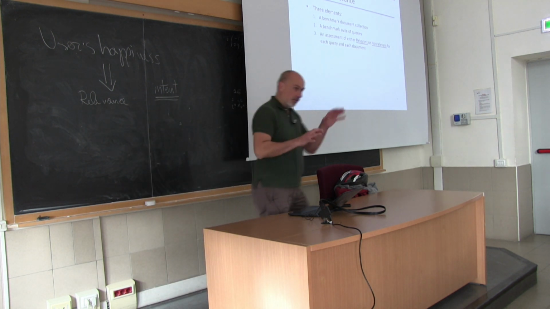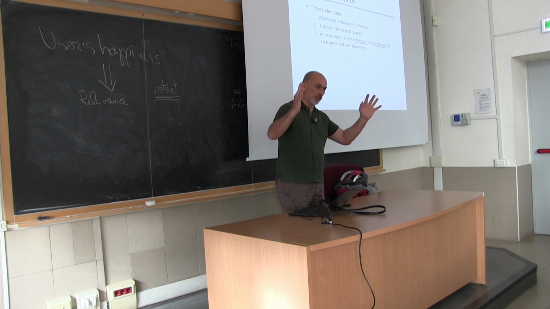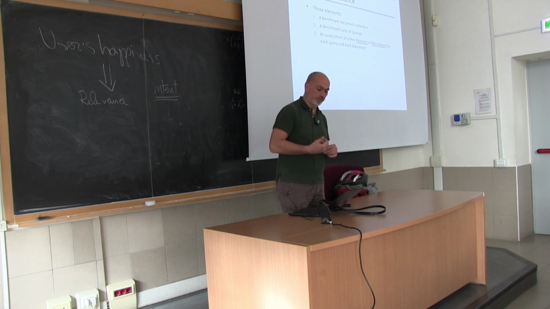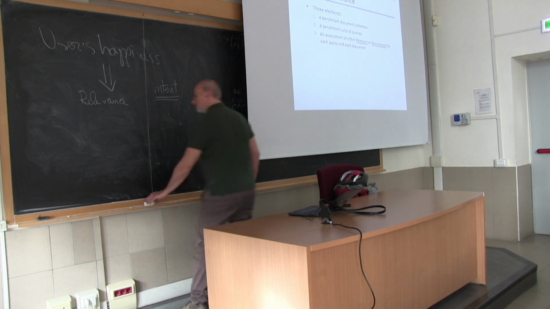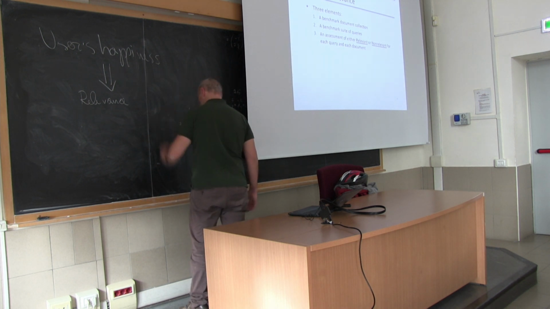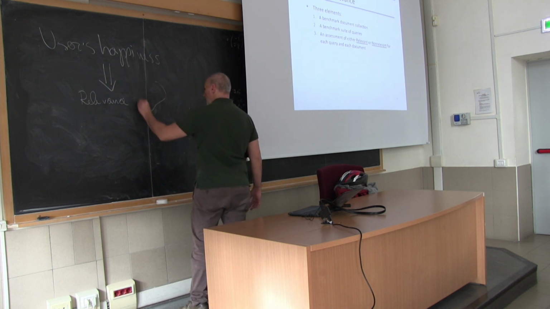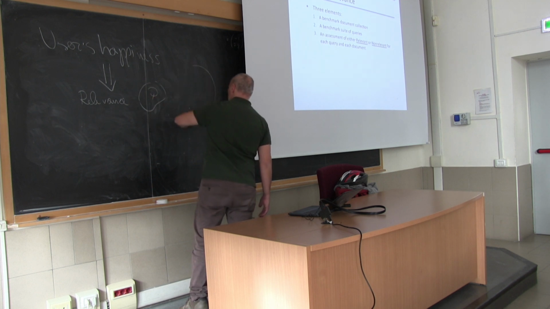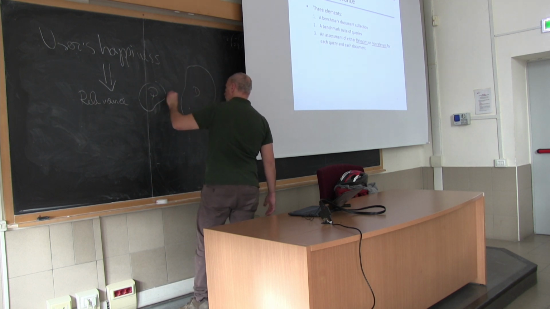Once you have found a nice benchmark collection and a benchmark of queries, then you need an assessment of whether each document is relevant for each query or not. It's a subset of the queries, a set of documents.